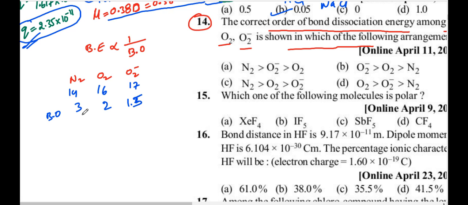Okay, when bond order is decreasing, which will have more bond energy? This one is higher than this one. Nitrogen is higher than O2, than O2 minus. Option C. 14th, C is the answer.